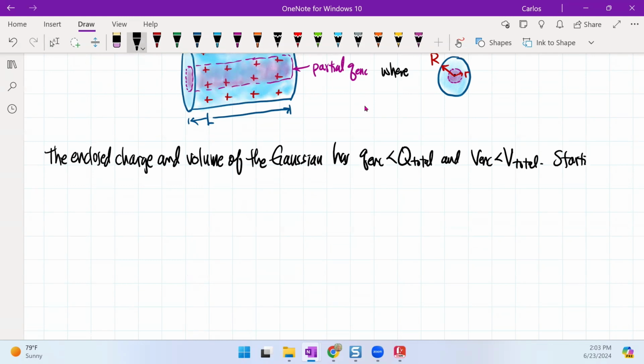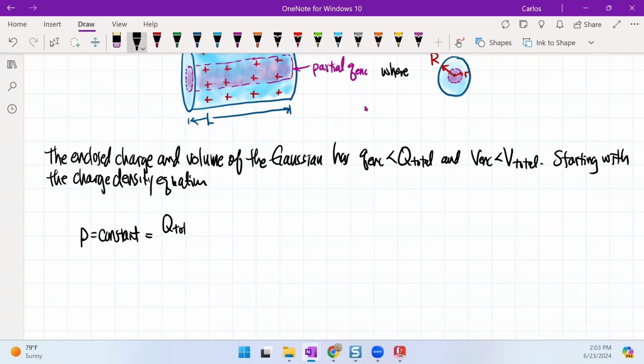Starting with the charge density equation, we start with rho equal to a constant. That tells me the total charge over the total volume has to equal the same ratio of the enclosed charge over the enclosed volume.